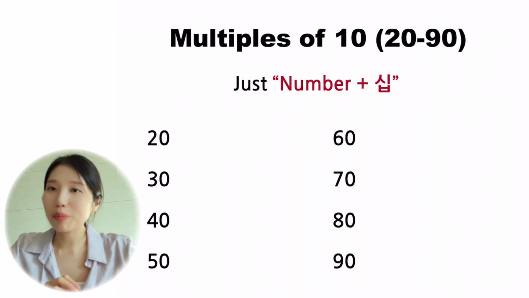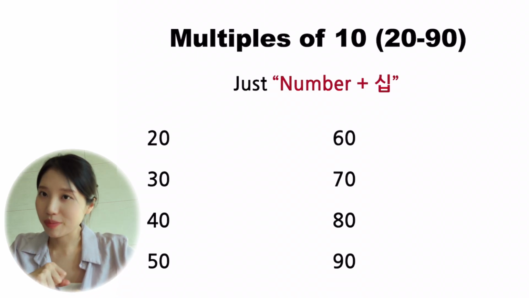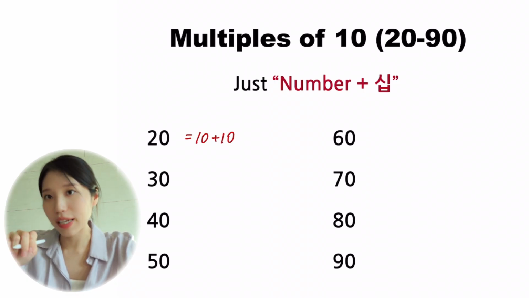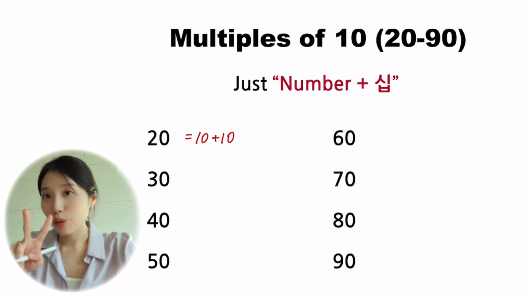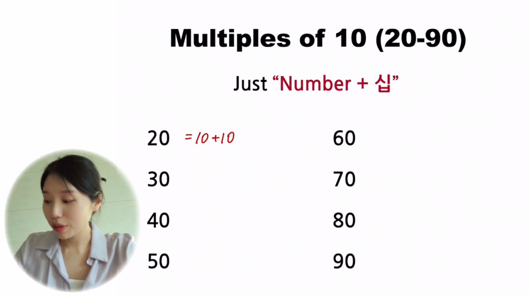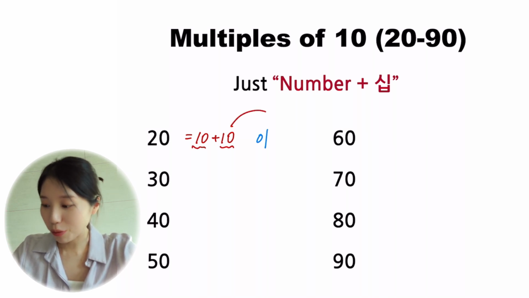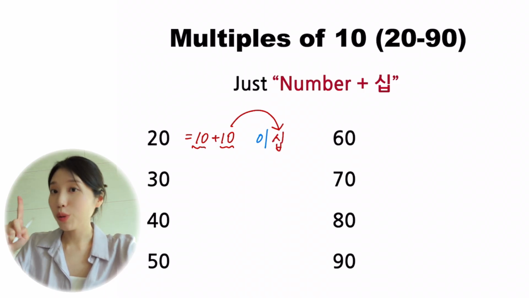They are just simply built using multiplication. Like 20, for example, is 10 plus 10. So there are 2 tens here, right? So what was 2 in Sino-Korean number? Yes, 이. And there are 2 tens. 10 in Sino-Korean number is 십. Alright, so 20 is 이십.